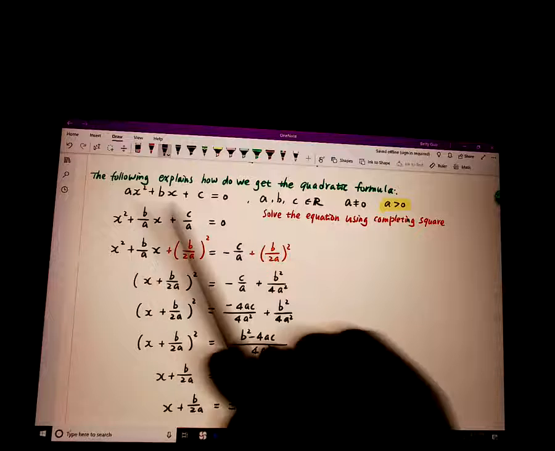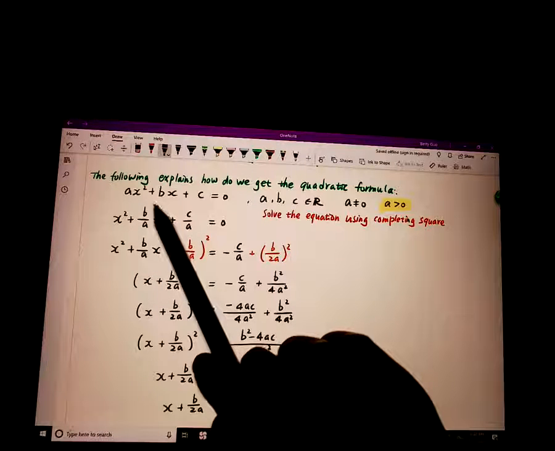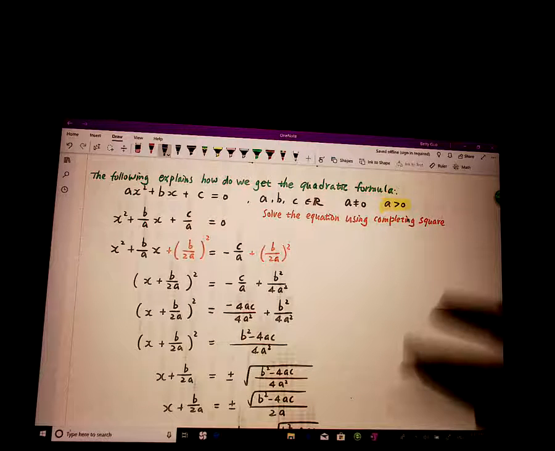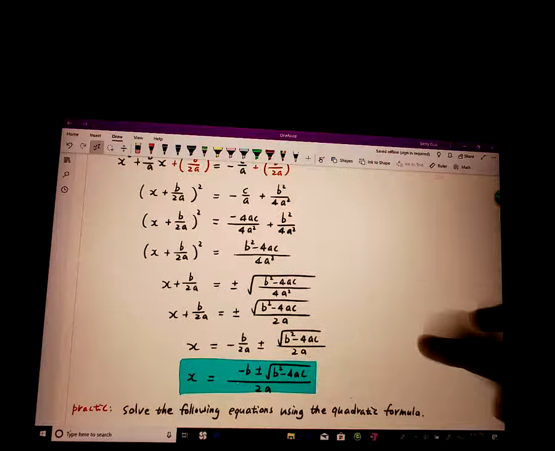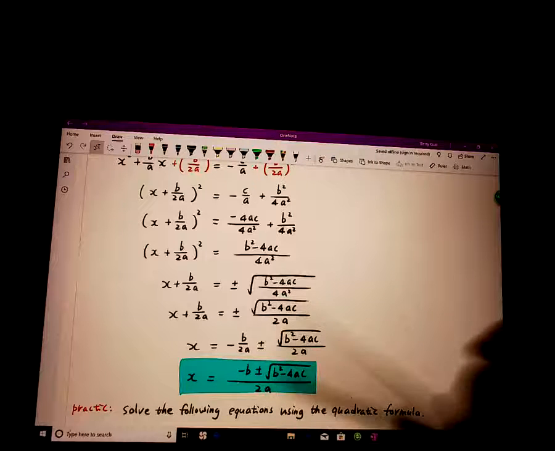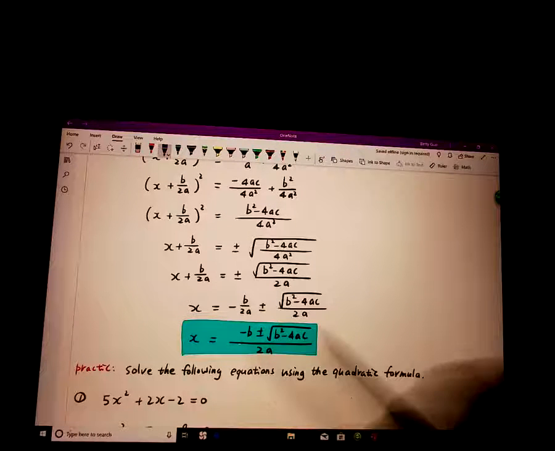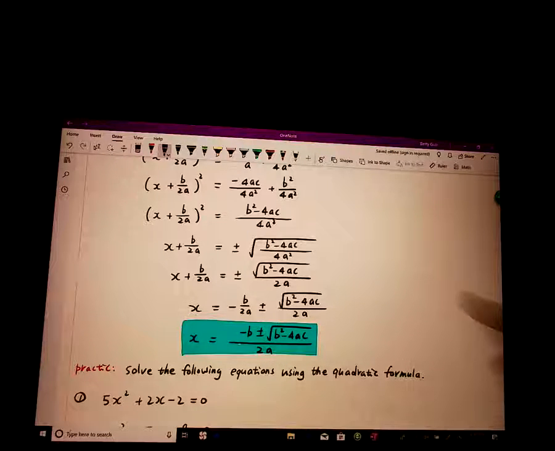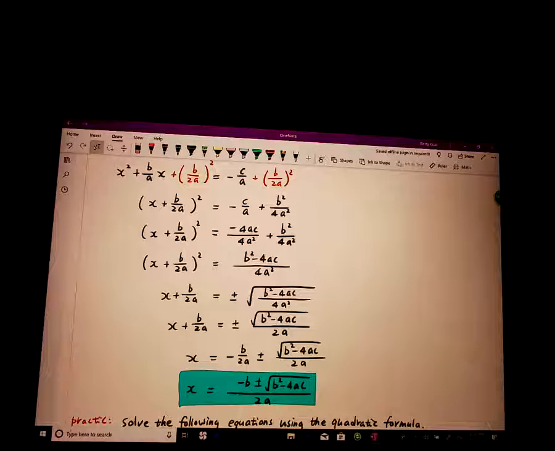Actually, we apply the completing the square method to solve this equation. I'll let you take the time to understand this part, and you end up with x equals negative b plus or minus the square root of b squared minus 4ac, all over 2a. If you are interested, that's how we get the quadratic formula.